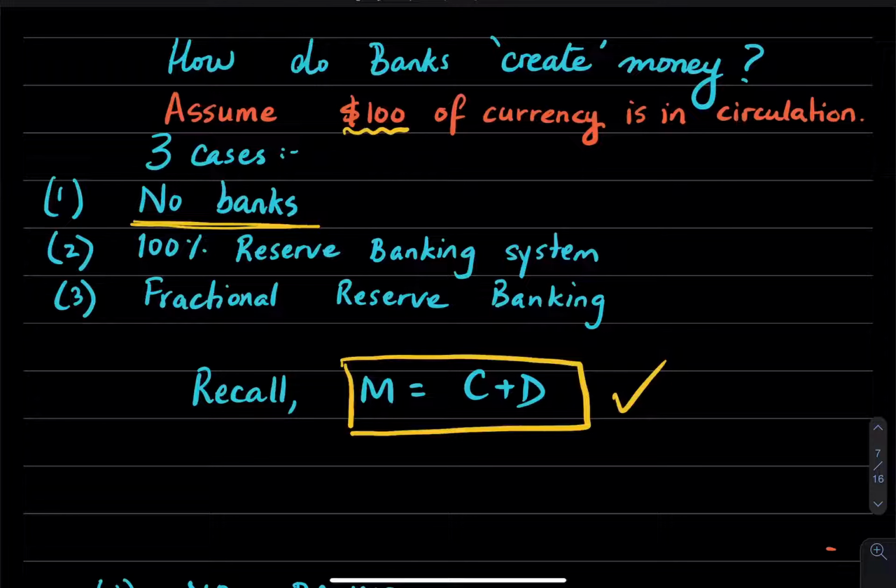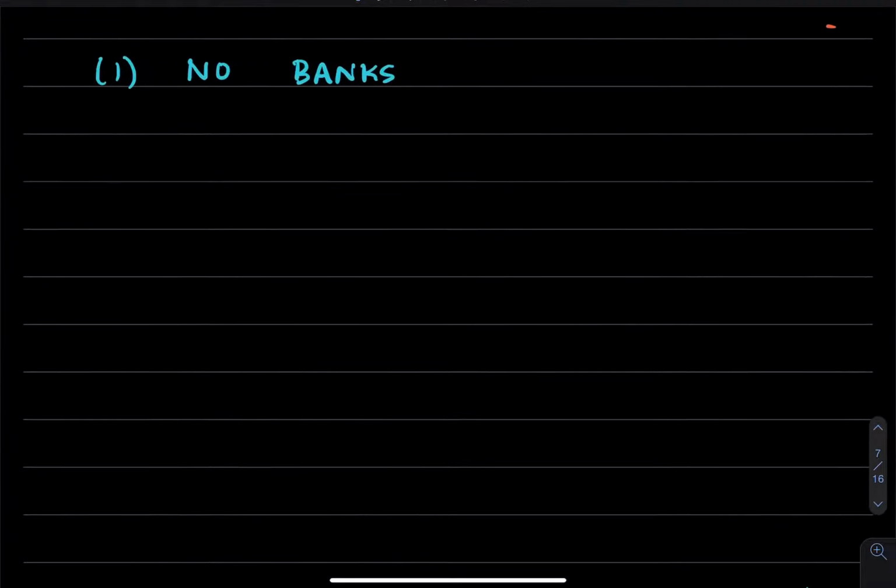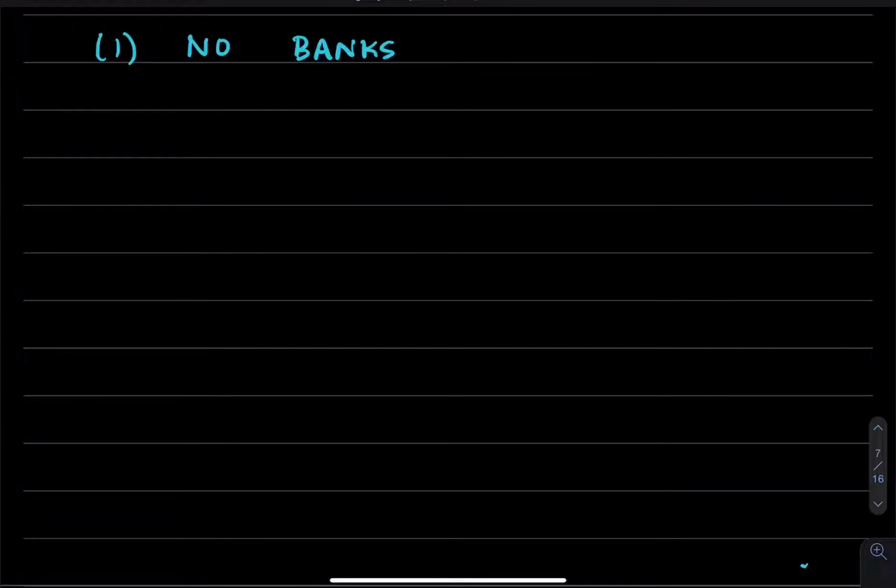And then the last and final case that we're going to look at is called the fractional reserve banking system, which you're aware of, where the Federal Reserve is only requiring the banks to hold a fraction, not all, but just a fraction of their deposits as reserves. So we're going to look at these 3 scenarios, and let's start with the first scenario, which is what happens if there are no banks in the system.